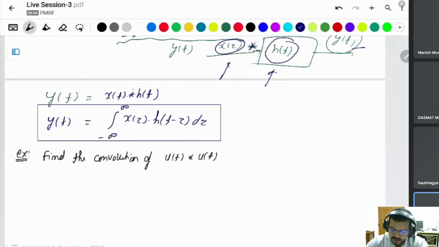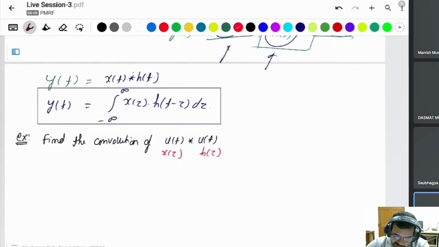I have taken the same input. Then you can take x(tau) as the input, and the system impulse response as h(tau). This x(tau) is u(t), which means a unit step signal started from 0 to infinity with magnitude 1.